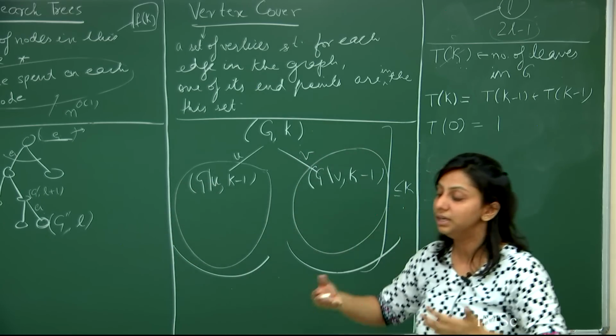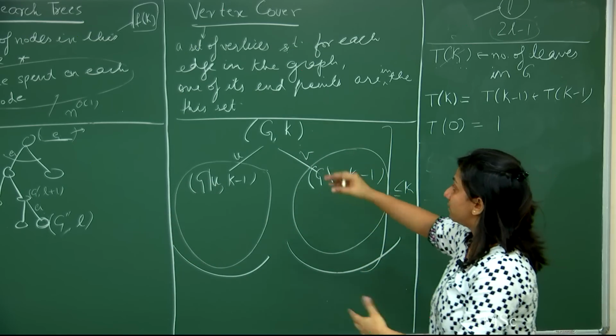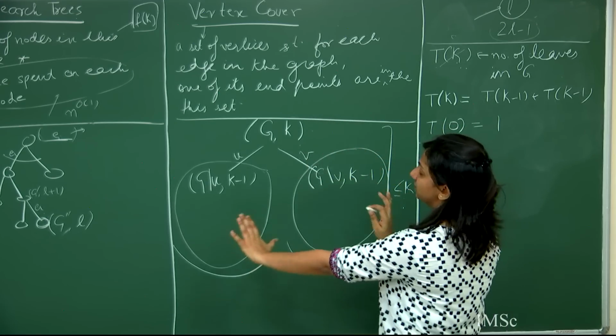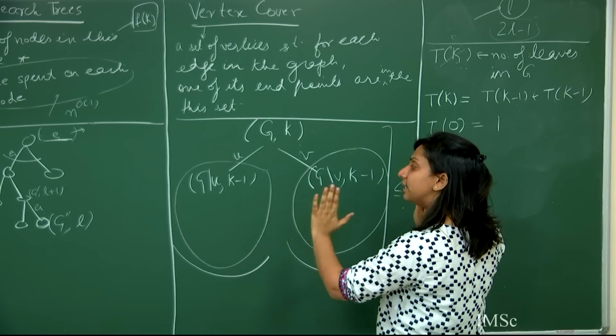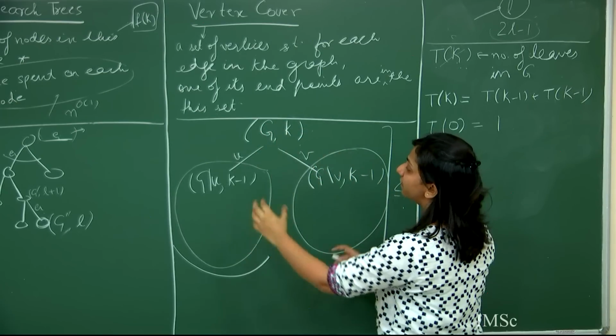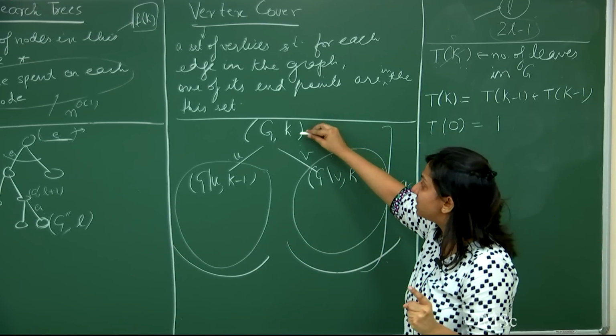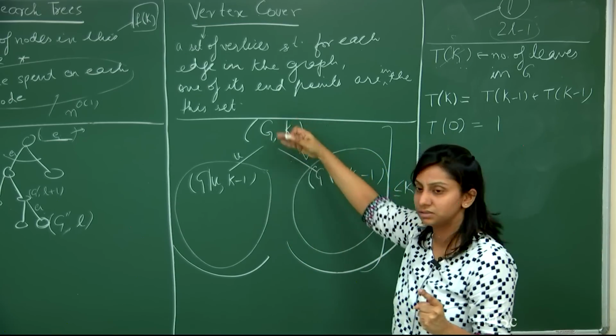And I want to say that if the instance has some measure, the number of leaves in this instance, you can write it as a sum of the number of leaves here and the number of leaves here. Again, one important point is that the measure is strictly decreasing at each level.